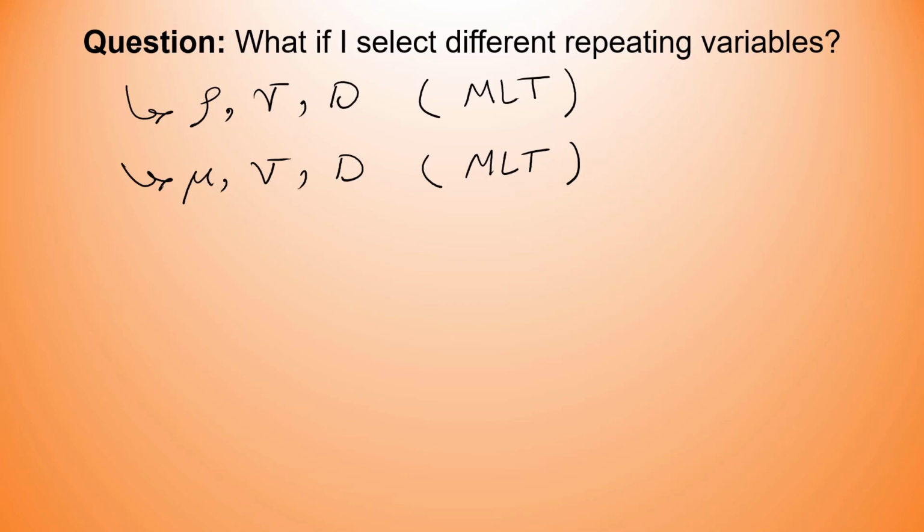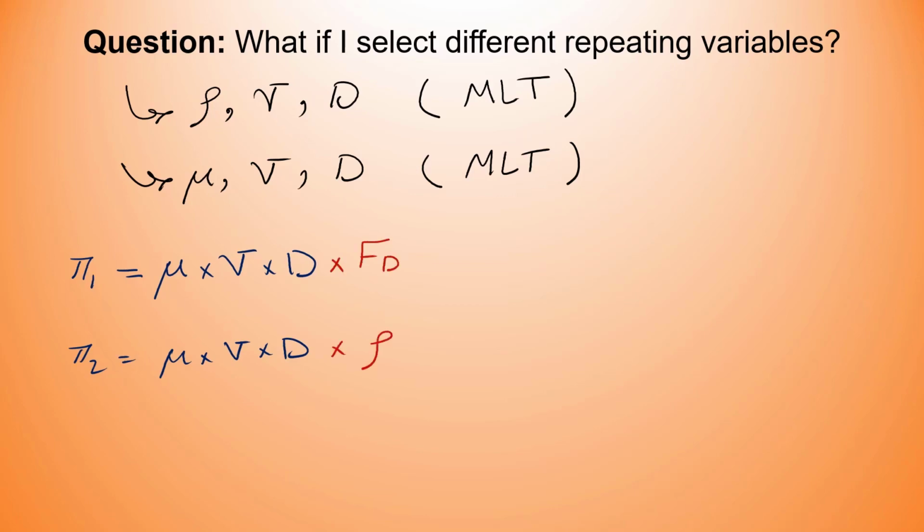All right, now again, you go through the process and you write down your pi terms. So pi 1 would be, this time, mu times v times d, and pi 2 would be mu times v times d. But this would be times F_D, and this would be times rho. Okay, and we have a, b, c, a, b, c.